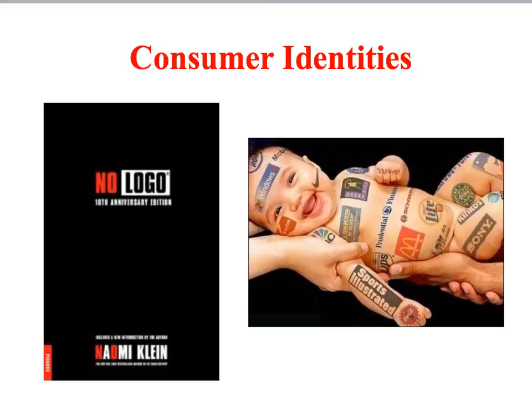Consumer goods are important not so much for themselves as for what they say about the taste and style of the consumers. People, when they're buying things, are usually aware that they're making a statement about themselves through their consumption habits. In her famous book, No Logo, the Canadian writer Naomi Klein argues that the meaning of brands has changed.